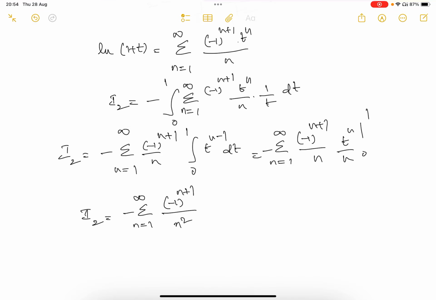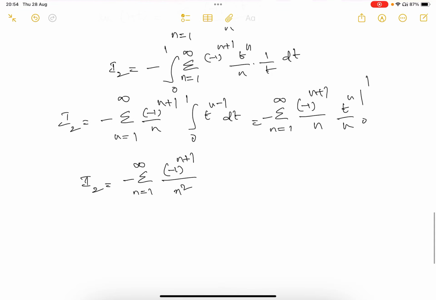Then how will you proceed further? As you can see, let's do this summation. Let's try to explain how it will look. Summation n equal to 1 to infinity minus 1 whole power n plus 1 by n squared. When n equal to 1, it will be minus 1 square is 1, right?